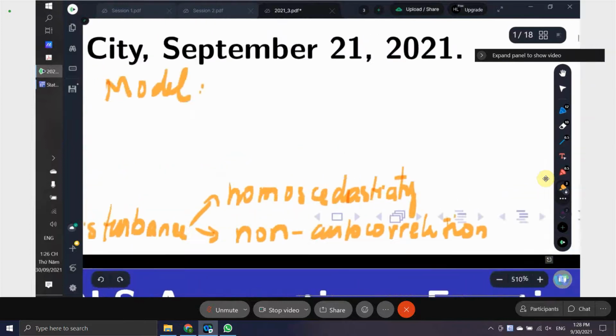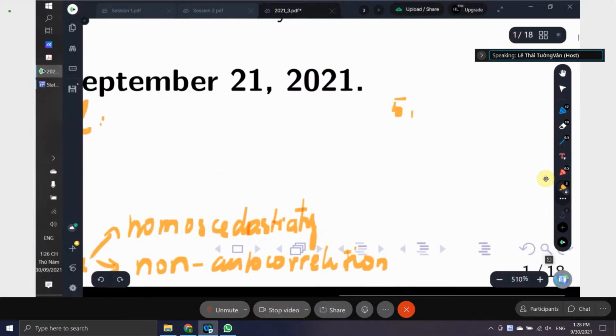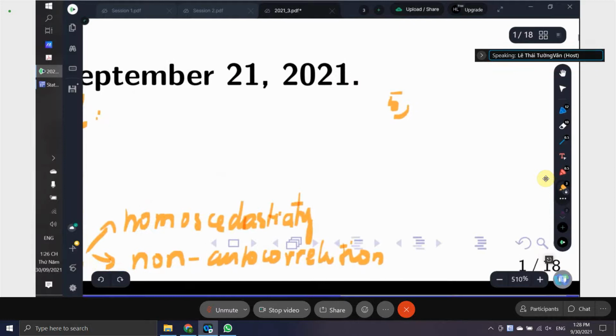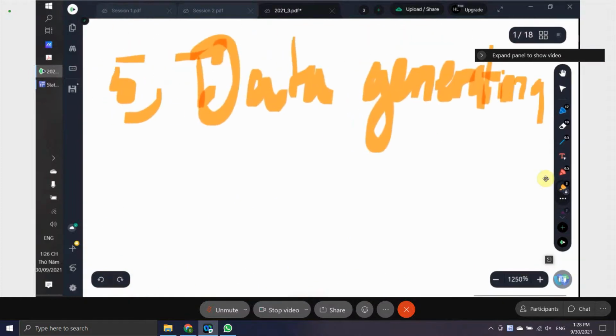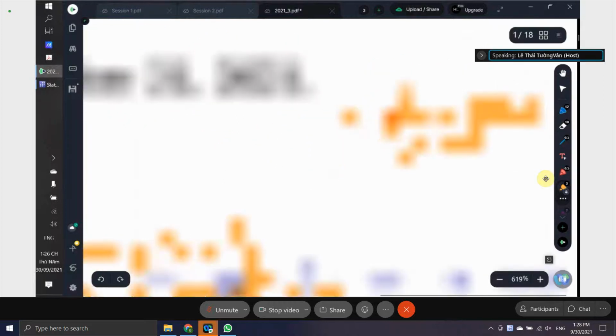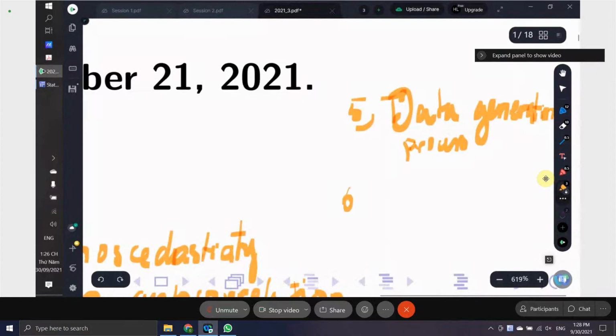Then we have number 5, that is the data generating process. And then number 6, that is epsilon squared.